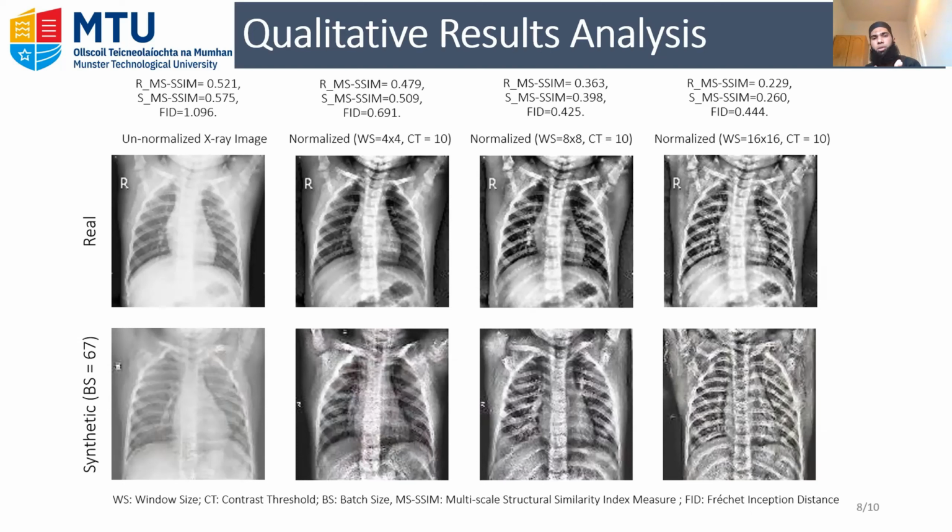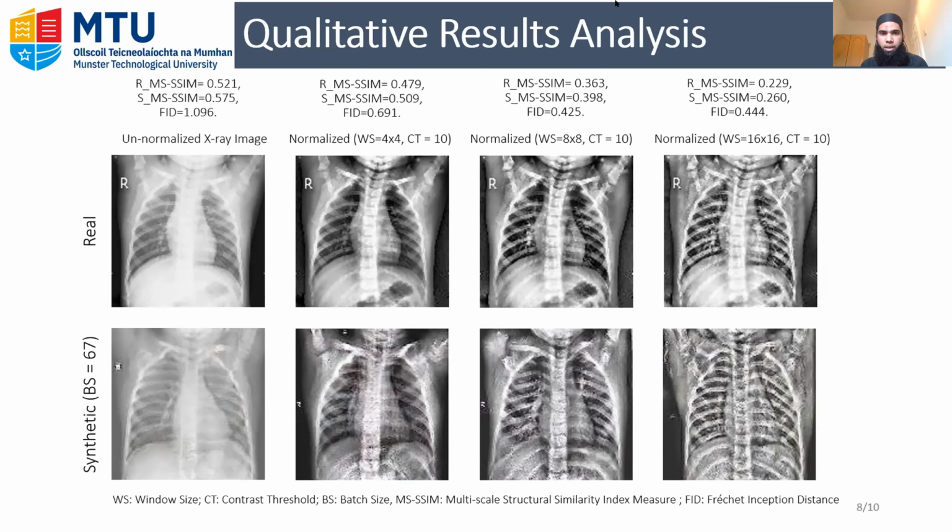Similarly, we conducted this for window size 8x8, and this lowers the difference between real and synthetic MSSIM score even more. And for 16x16, we have a lower difference between synthetic and real MSSIM score. So this is the process by which we conducted our empirical analysis using these three different techniques.